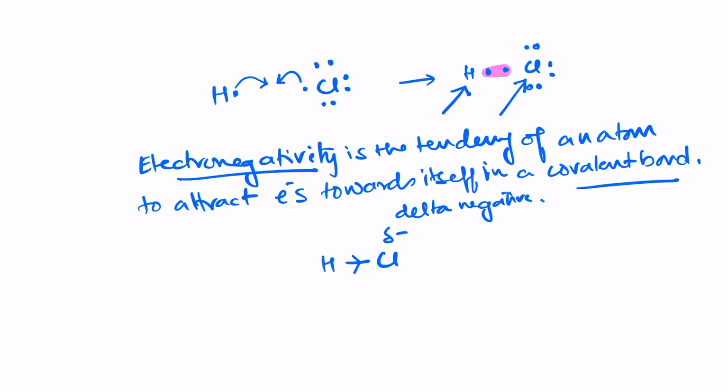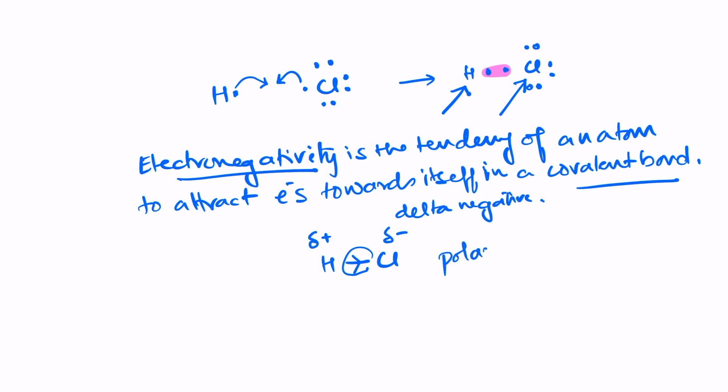Okay, so delta is the symbol. The negative charge is depicted by negative. And then consequently, because the electrons are pulled away from the hydrogen, therefore the hydrogen will have a delta positive. Okay, so as you can see, this bond is now a polar bond.